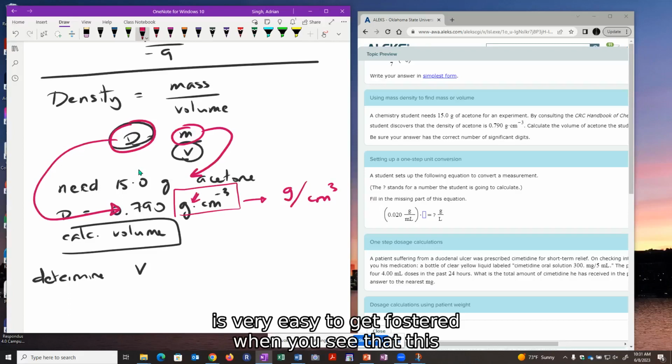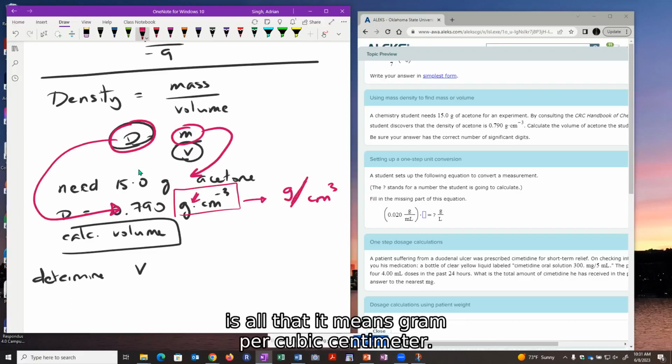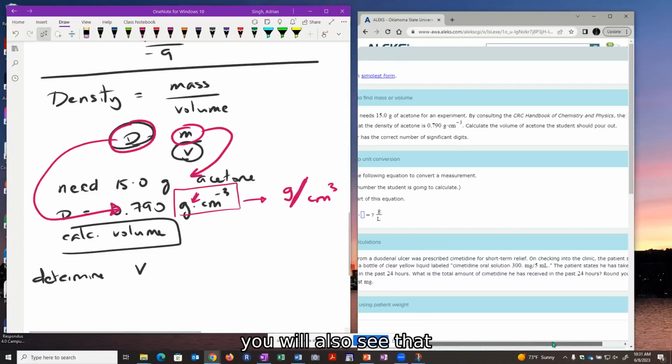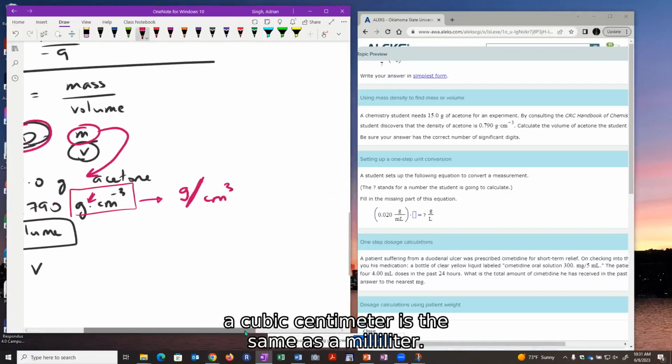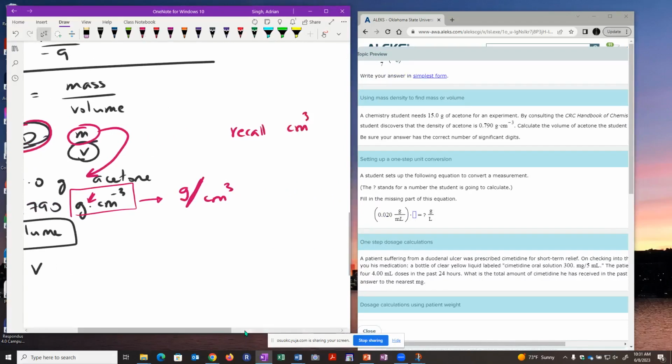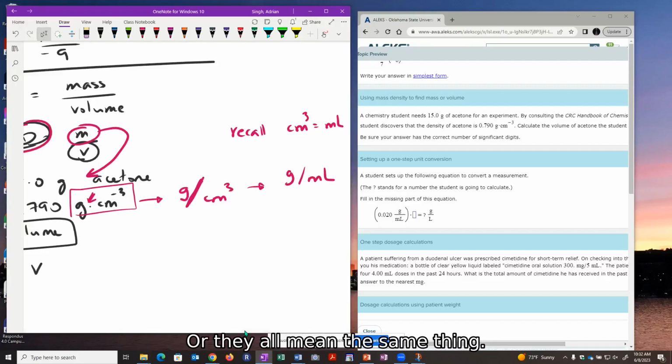It's very easy to get flustered when you see that. All it means is gram per cubic centimeter. And as you watch the videos, you'll also see that a cubic centimeter is the same as a milliliter, mL. So this can also be written as gram per milliliter. They all mean the same thing.